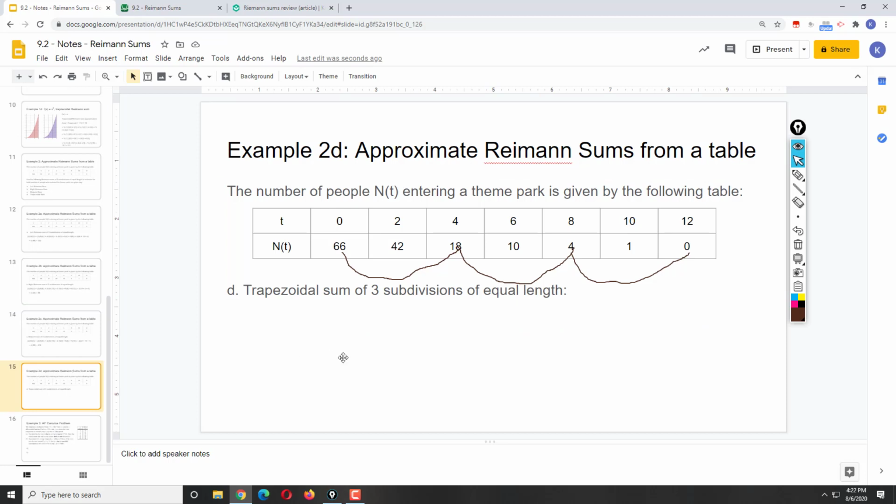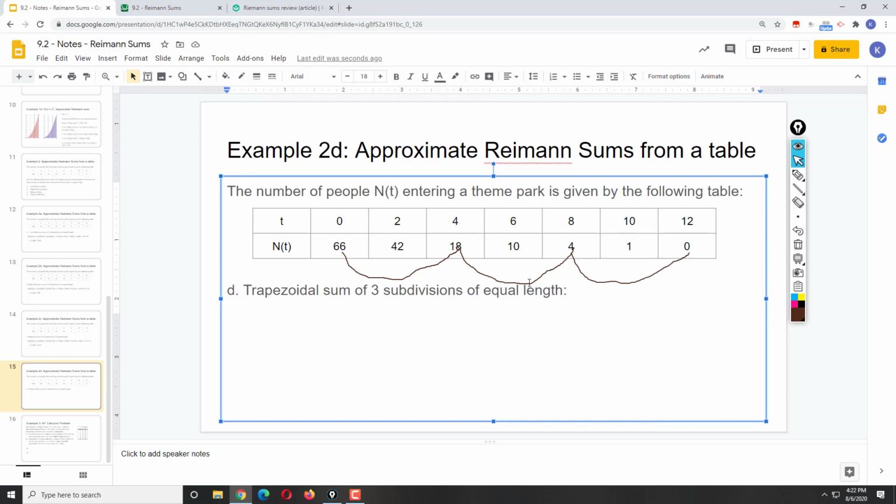Finally, we want to use a trapezoidal sum. For the trapezoidal sum, we use 3 trapezoids. So it's going to be trapezoid 1 plus trapezoid 2 plus trapezoid 3, the areas of these 3.